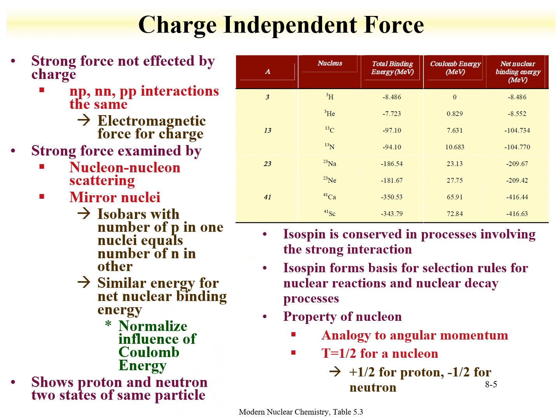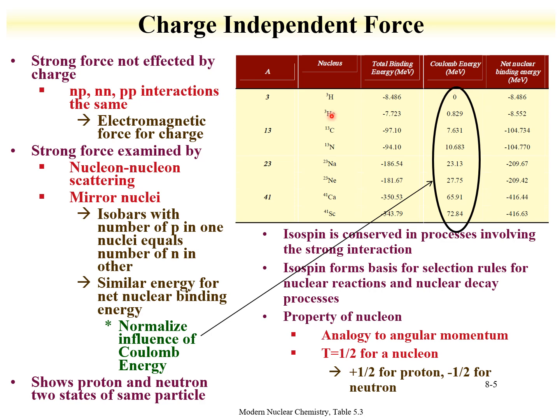So what one could do with this is evaluate energetics, particularly looking at binding energy, and then compensating for the Coulomb energy to try to evaluate a net nuclear binding energy for different nuclei with the same number of total nucleons. And this is shown here. So we have total binding energy, and here's the net Coulomb energy. As we can see, for something like tritium, there's only one proton, so the Coulomb energy from that would be 0.